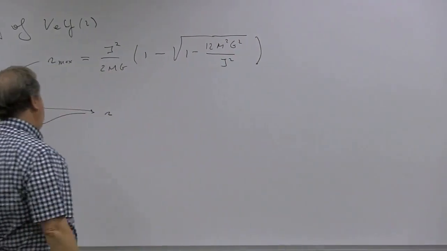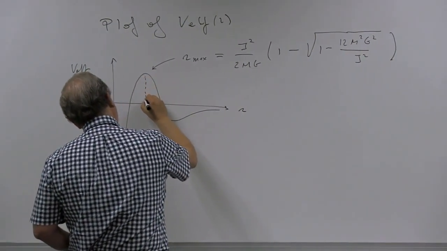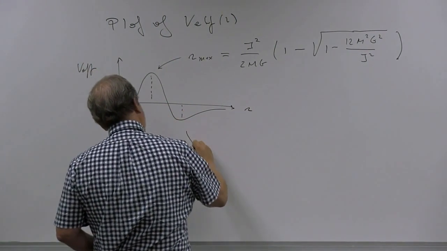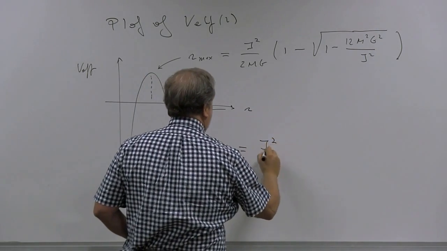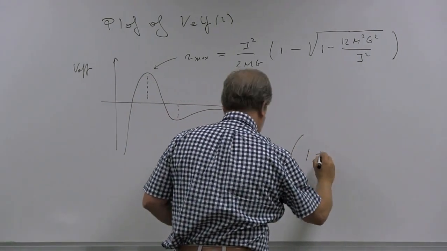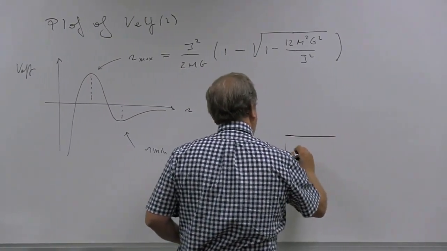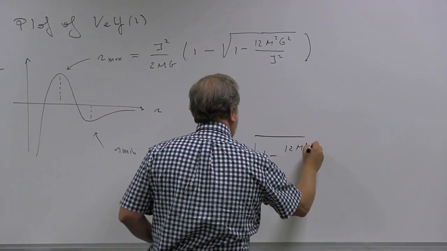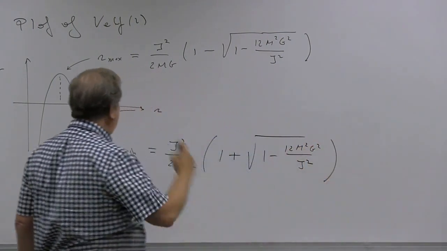That's one root. And then there is an r min, which is just the other root: j squared divided by 2mg times 1 plus the square root of 1 minus 12 m squared g squared divided by j squared.